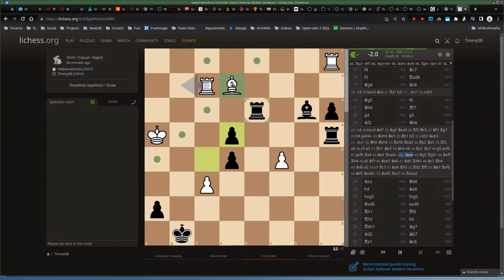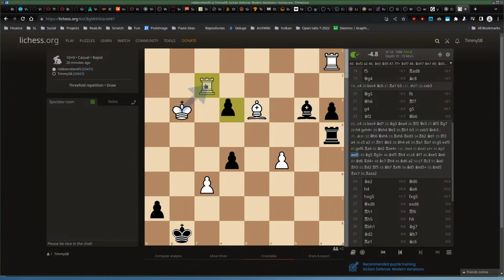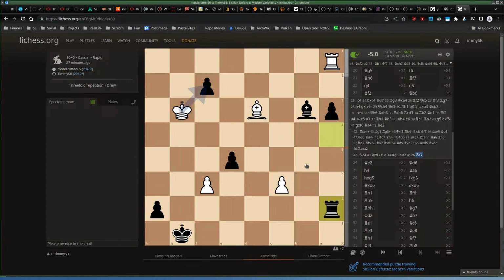Well, obviously we start with looking at taking the rook. Oh, I take that rook. Oh, indeed. Not really losing my rook. Stop progress. No, take it. So winning here, but why?